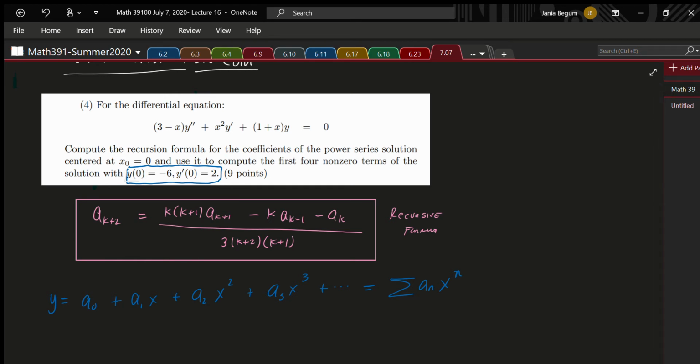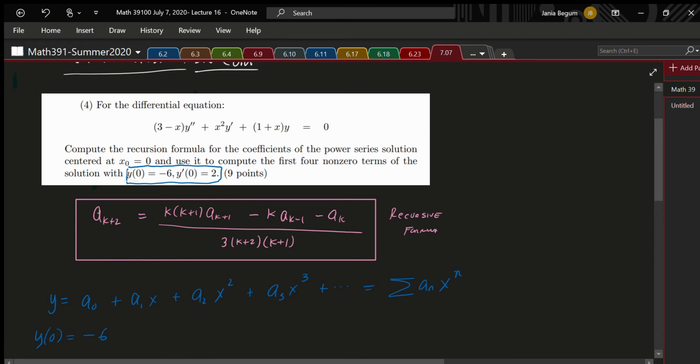So y of 0 equals -6. That means you're plugging in 0 everywhere you see x. So if I plug in 0 for this x and this x, what do we get? We have -6 is equal to a0, because all the other terms just disappear because they're all 0.